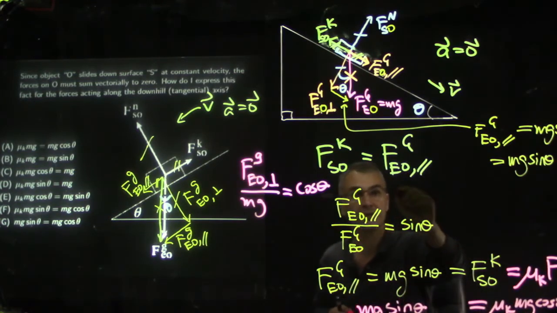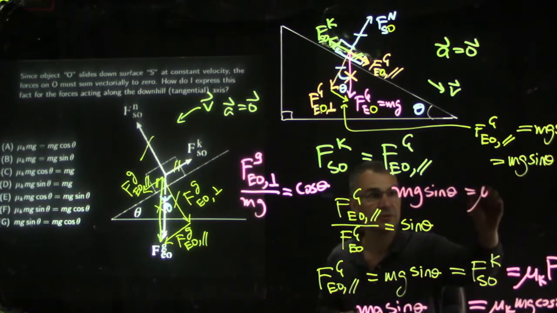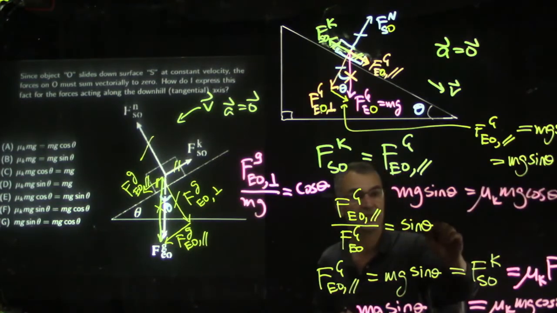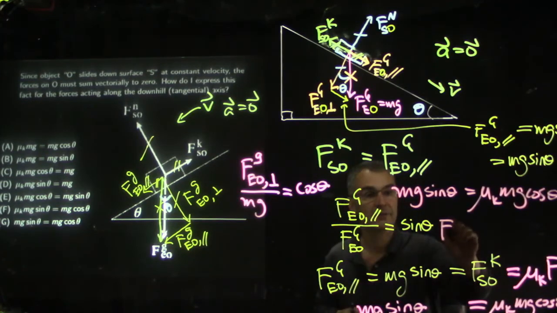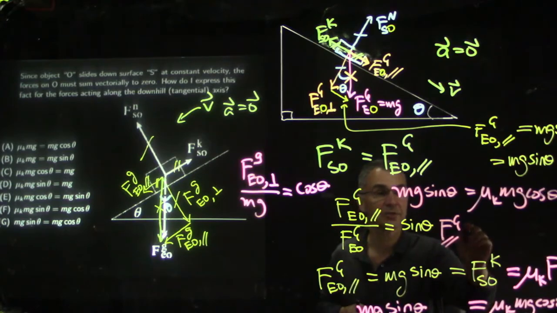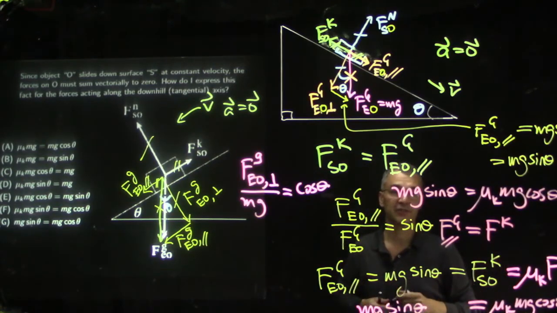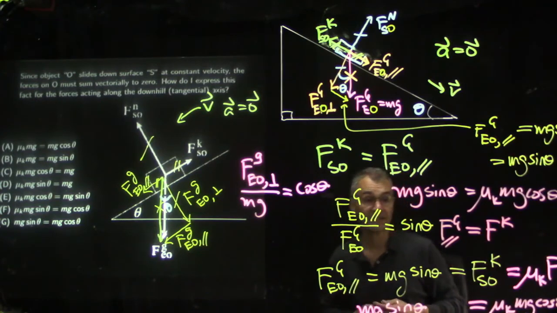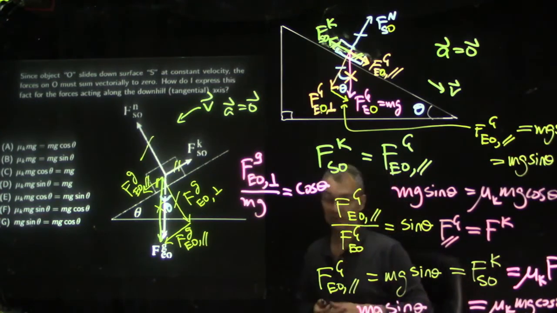Let me rewrite that up here. So mg sine theta equals mu kinetic mg cosine theta. And that is expressing the fact that F gravitational in the parallel direction, that's the downhill component of the gravity force, must be the same magnitude as the frictional force because they are balancing each other because the object is sliding downhill at constant velocity.